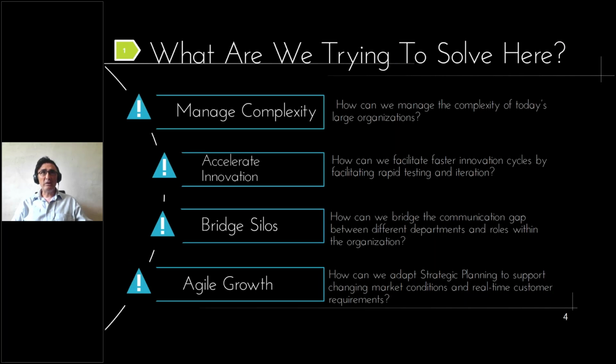So what are we trying to solve here? Nowadays, one of the main problems that we are facing, that is widely misunderstood and underestimated, is managing complexity. We know that our world is more and more complex. We know that certain things appear to be easy, but behind the cover is a lot of work.